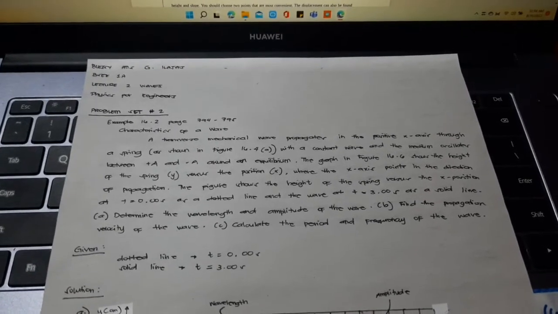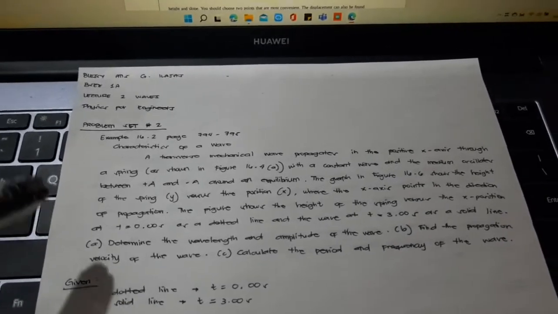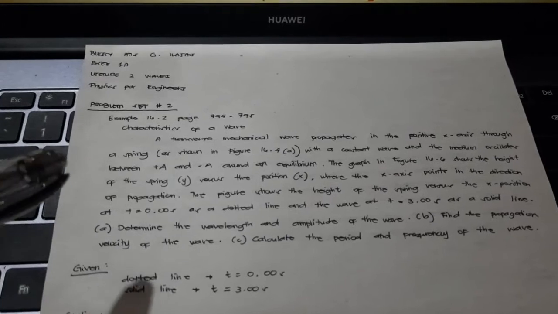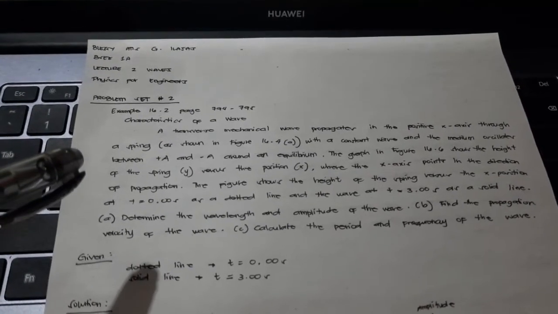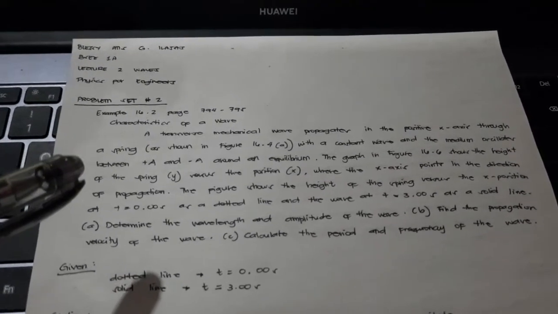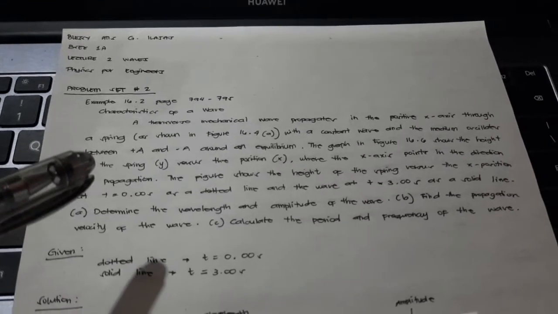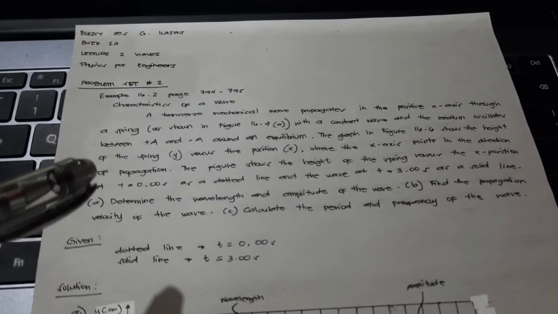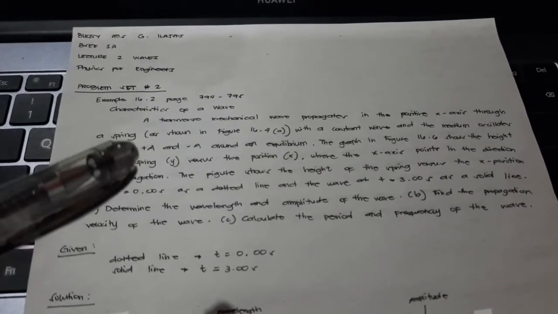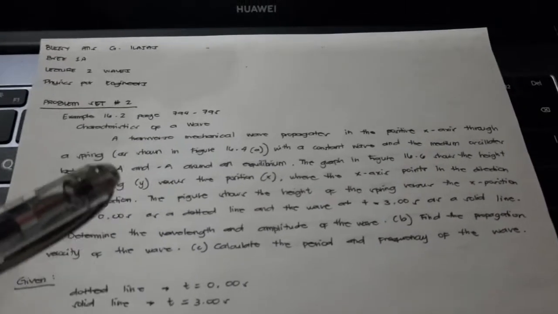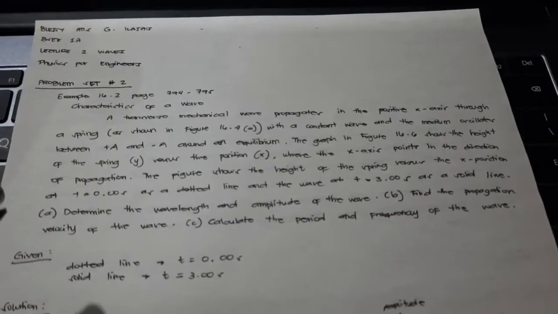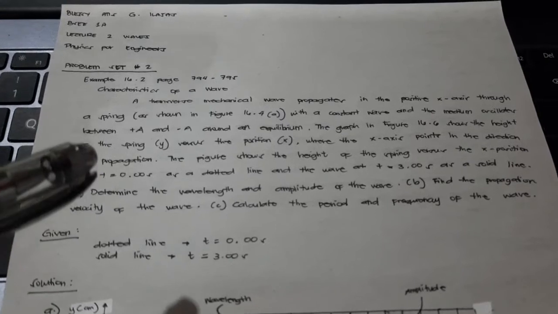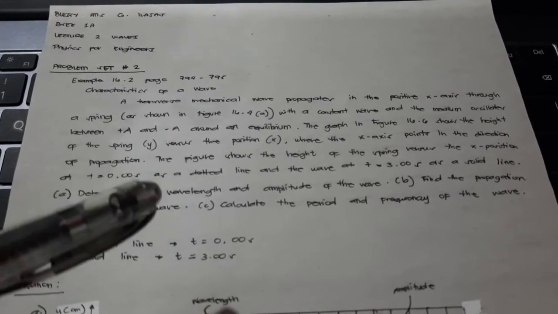So let's proceed to problem set number 2, example 16.2 on pages 794 to 795. Characteristics of a wave. A transverse mechanical wave propagates in the positive x-direction through a spring as shown in figure 16.4a. With the constant wave, the medium oscillates between positive amplitude and negative amplitude around an equilibrium.